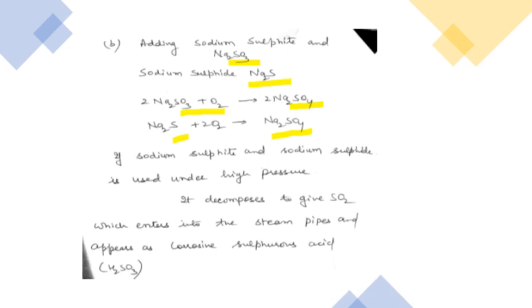Sulfate decomposes to give sulfur dioxide gas, which can enter the steam pipe to form a corrosive acid, that is sulfurous acid. So these are not ideal chemicals for the removal of oxygen, because they produce products which cause corrosion by forming acid.